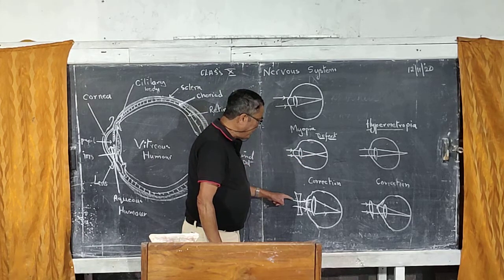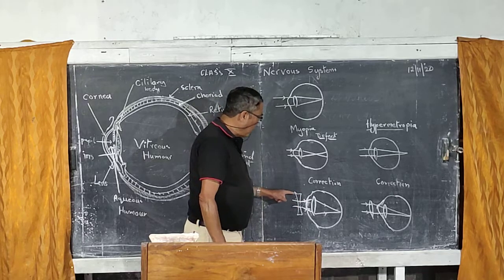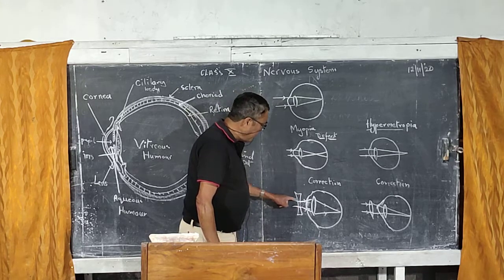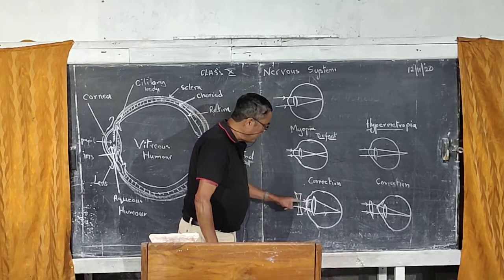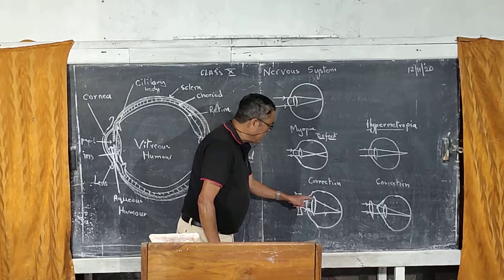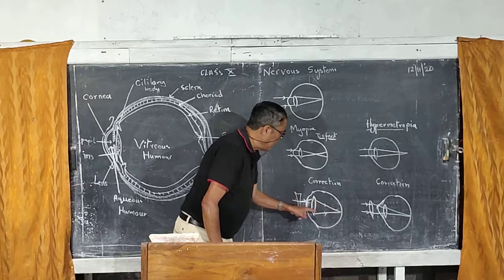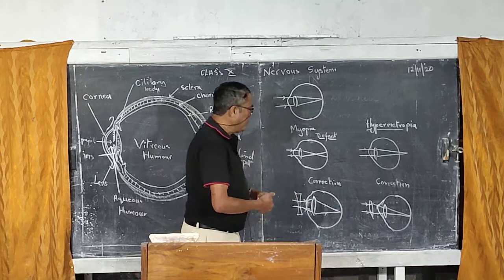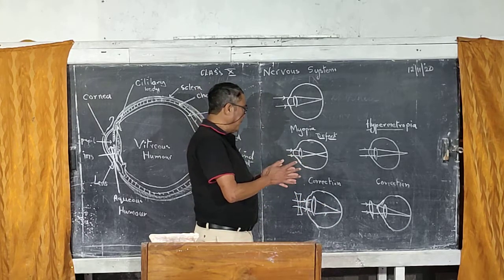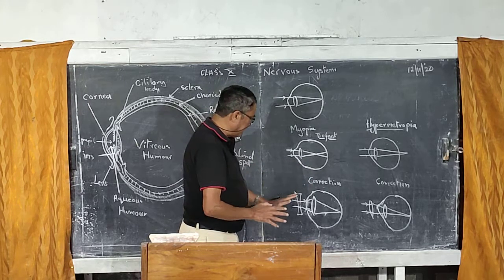So when the rays pass, we correct this defect by using a concave lens. The concave lens will diverge the rays, and the convex lens of the eye will make them converge on the fovea. So you have to get the suitable power of the lens.